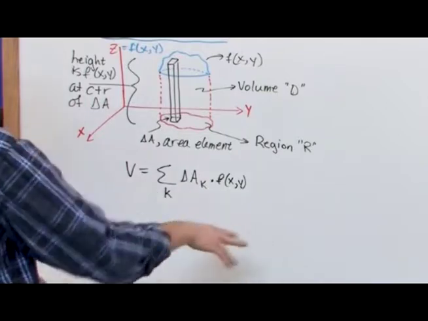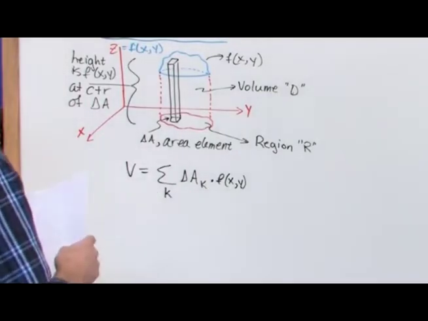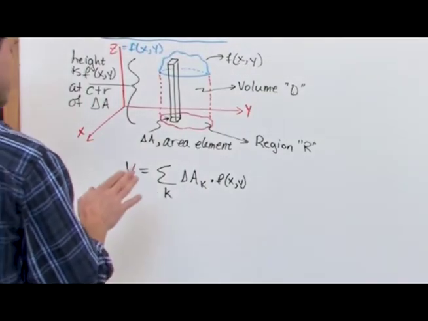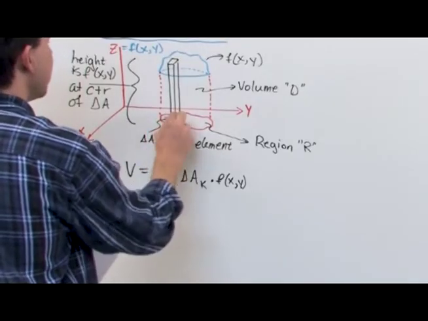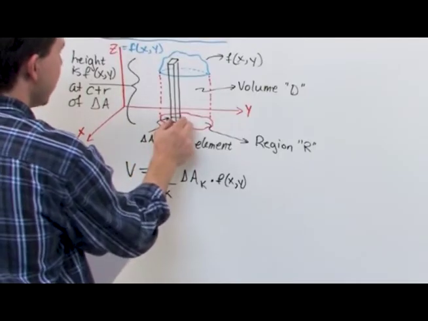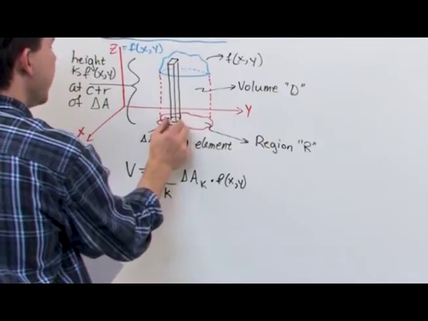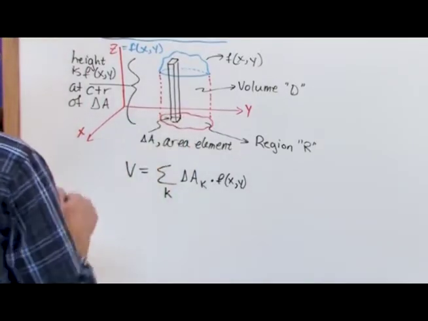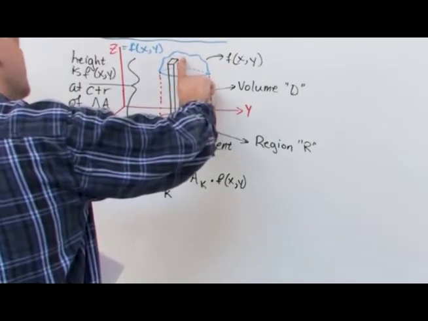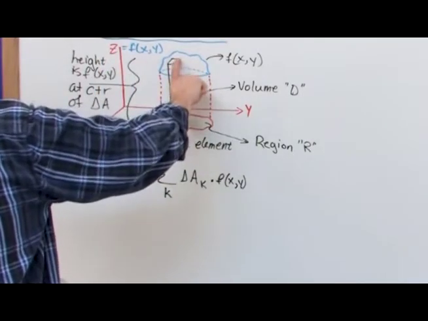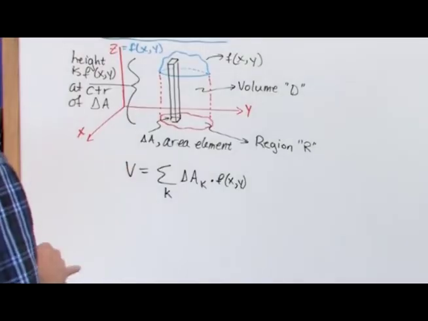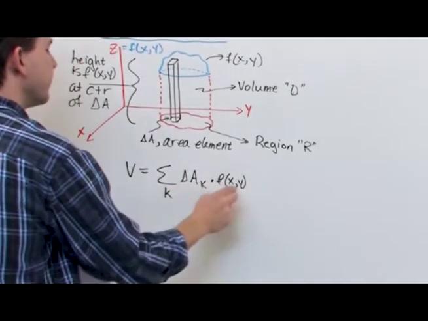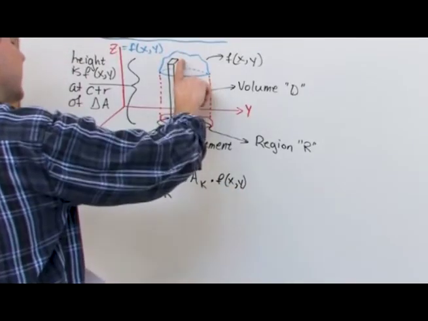You're not going to use this in your homework problems. It's sort of laying the motivation here. What we're doing is taking the area element, which is the area of this base here, something we know to be very small, a square little area element, and multiplying it by the height, which is f of x comma y, the function that we care about. Area times length is going to give me volume.